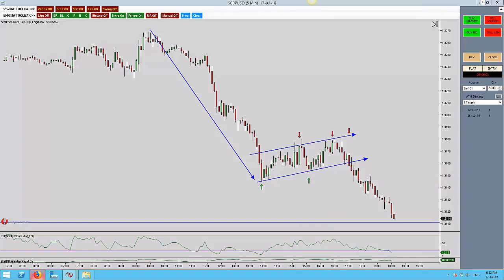And there we go, 35 pips banked on that lovely and very pain-free trade.